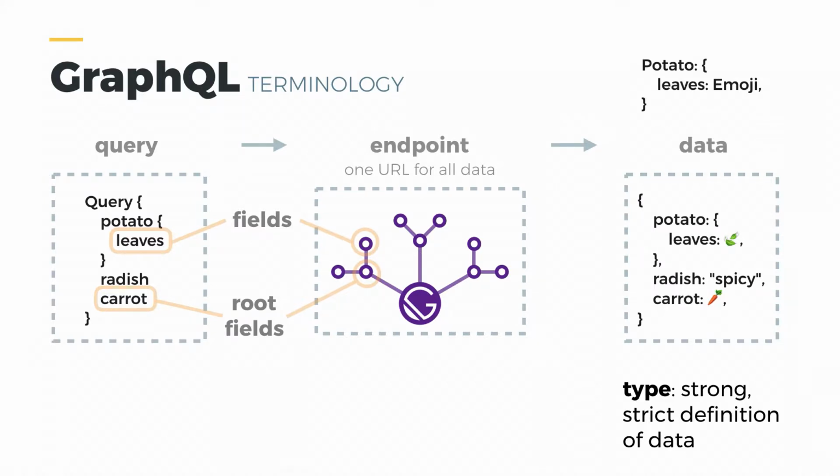You have to define how that potato object works. In this case, our potato is saying it has leaves, and those leaves are Emojis with a capital E. So this is a definition of our object, and it always looks this way. You may not have all the fields in a particular return, but when those fields exist in the object, they are defined this way. Okay? Those definitions are called types.